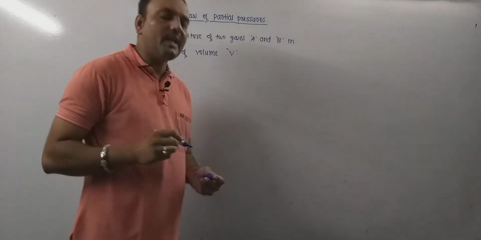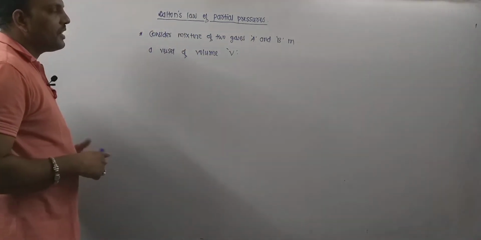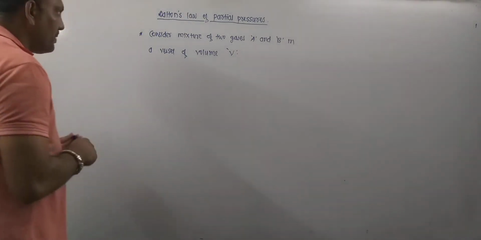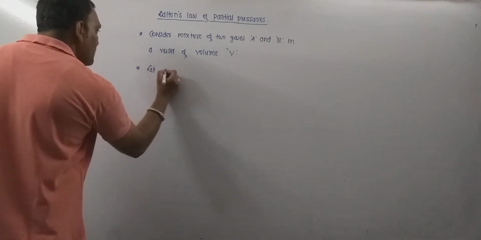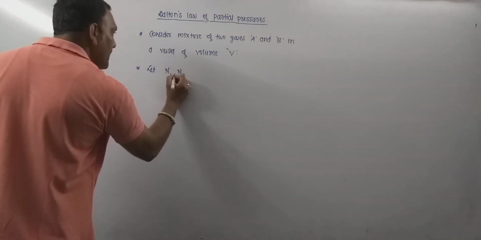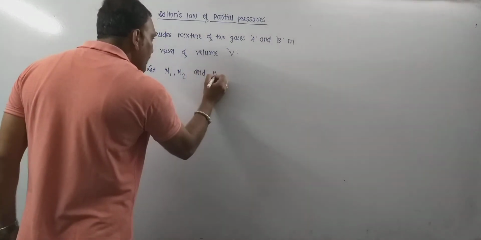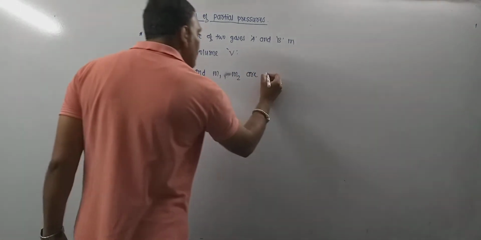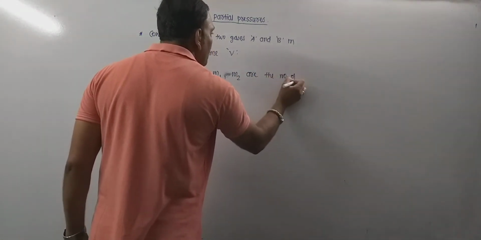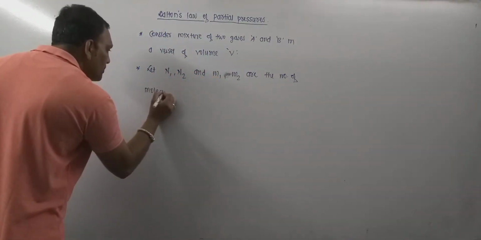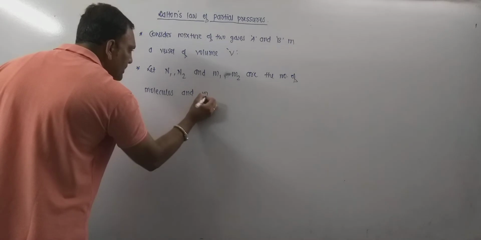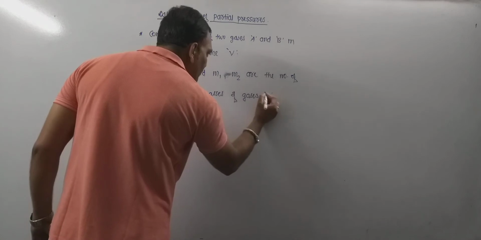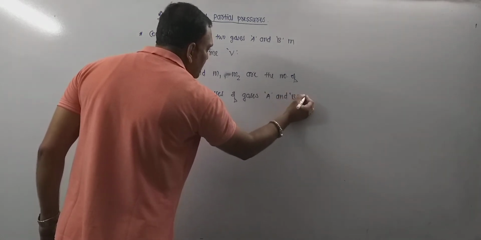So V is the volume of the vessel, and in that vessel we are mixing the two gases A and B. Now again consider, let N1 and N2 and M1 and M2 be the number of molecules and masses of gases A and B respectively.